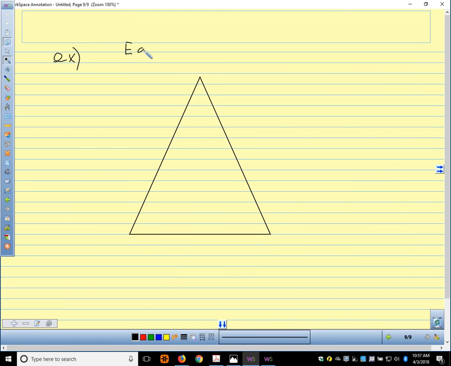This is an equilateral triangle, and we want to find the area in simple radical form.